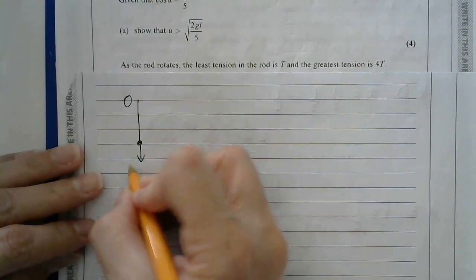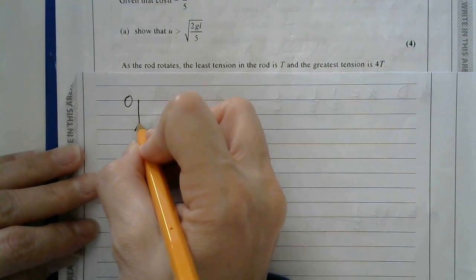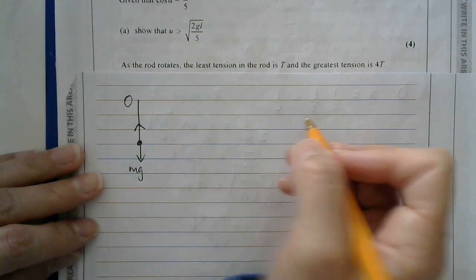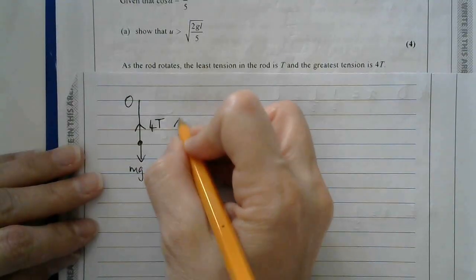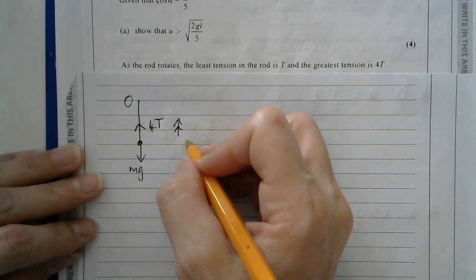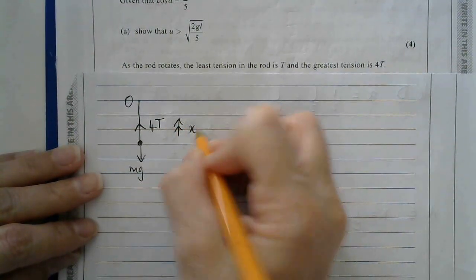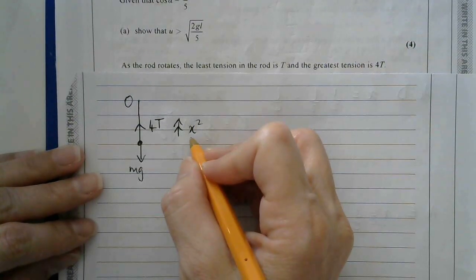The mass was m, so the weight is mg. Here, this is the greatest tension, so I'll call this 4T, and this will be accelerating towards the centre of the circle. I'm not quite sure what the speed is going to be here, so I'll call it x.